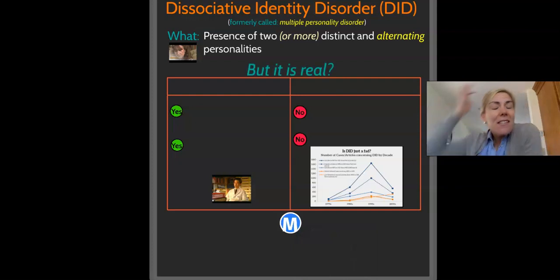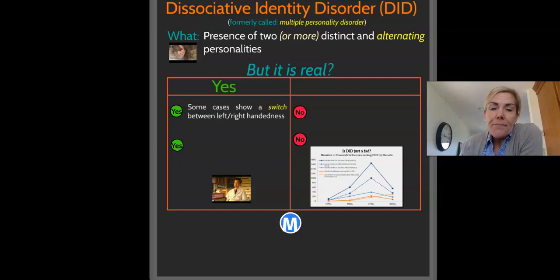Some people say this is very controversial. A lot of psychiatrists and psychologists don't think it's real. Some people who do think it's real, in her case in the video, you can really see the distinct differences. But again, you don't know, is she being a good actress? Is it really happening?